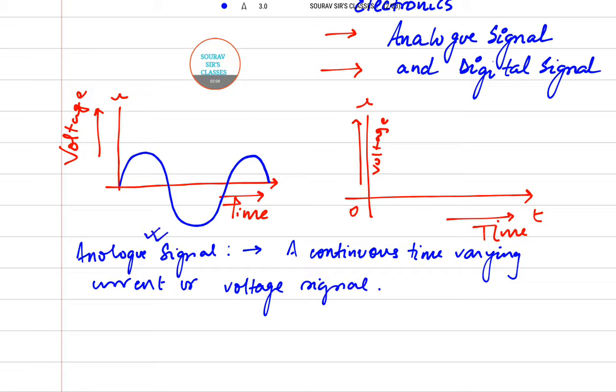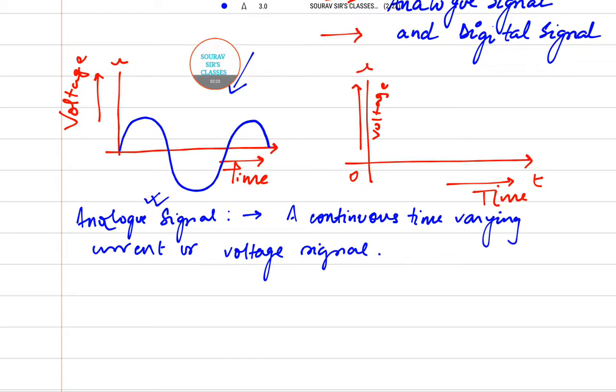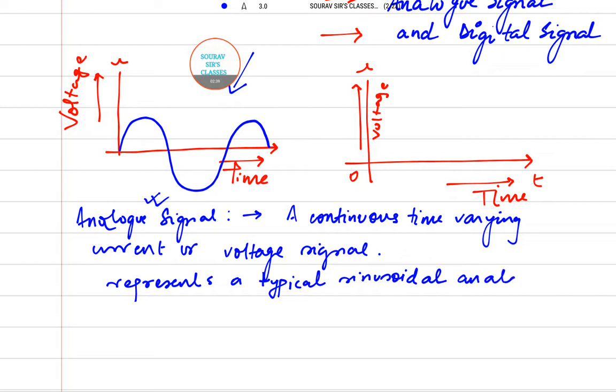This is termed as an analog signal. Okay, now this particular graph which I have drawn in terms of voltage and time actually represents the analog signal, or more specifically a typical sinusoidal analog voltage signal.